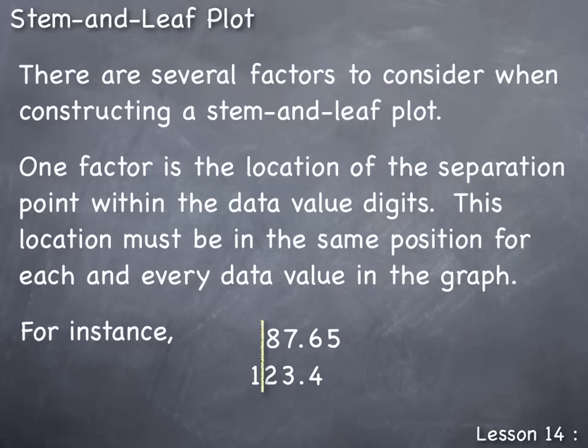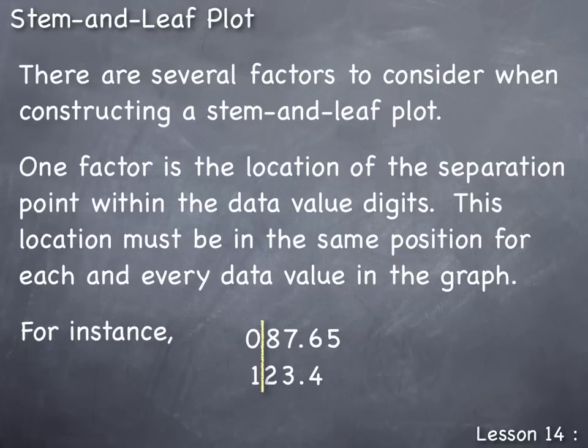One such separation point could be made between the hundreds and the tens place value position. If this were to occur, the 87.65 has no hundreds value in its hundreds place value. In that case, when you plot it in the stem and leaf plot, you must include the leading zero.